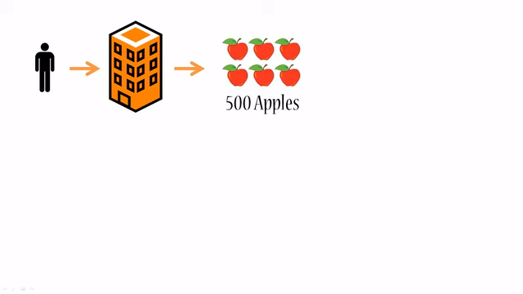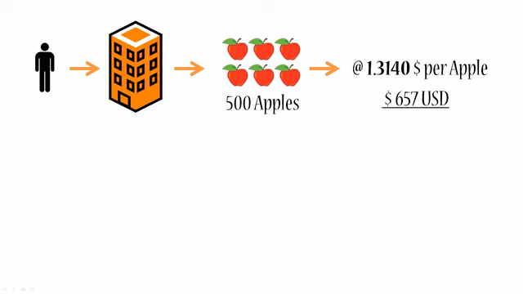So you borrow 500 apples from your broker, and you then take these apples to the forex market and you sell them at $1.3140 per apple, and that gives you in return 657 US dollars.